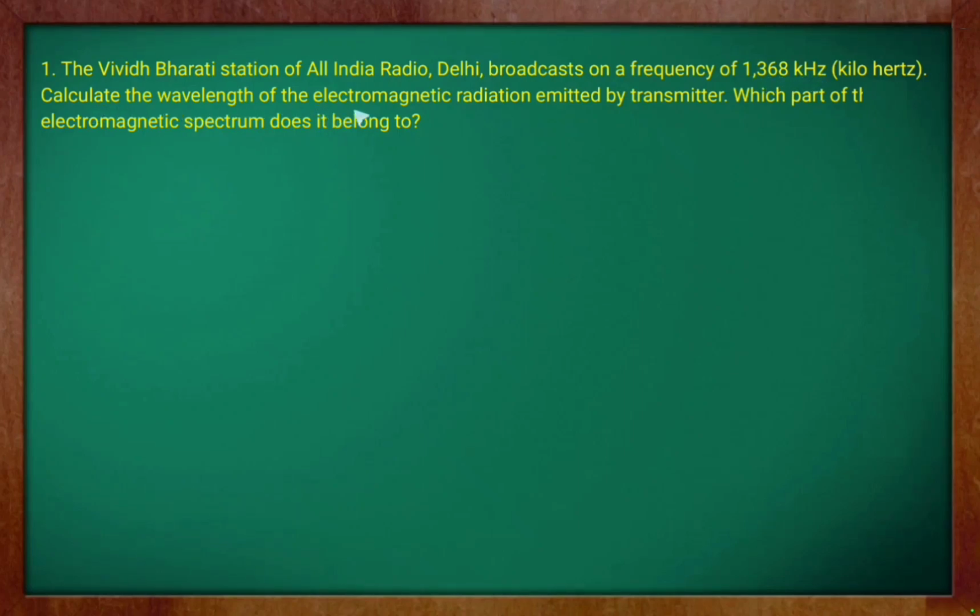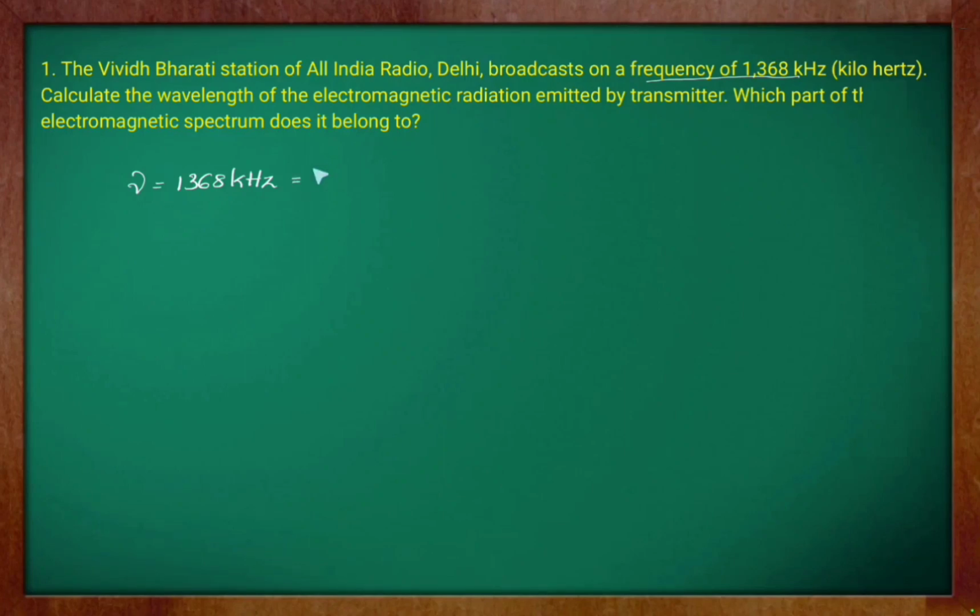Calculate the wavelength of the electromagnetic radiation emitted by the transmitter. Which part of the electromagnetic spectrum does it belong to? From the question, we can write the frequency of radiation, represented by nu, is equal to 1368 kHz. We know that the SI unit of frequency is Hertz.